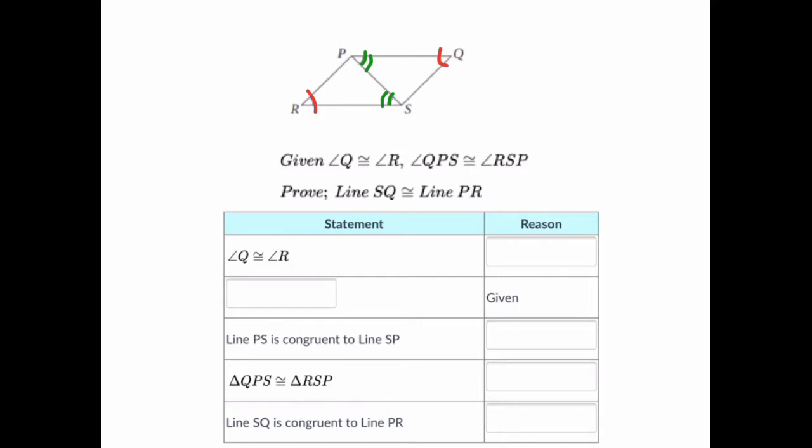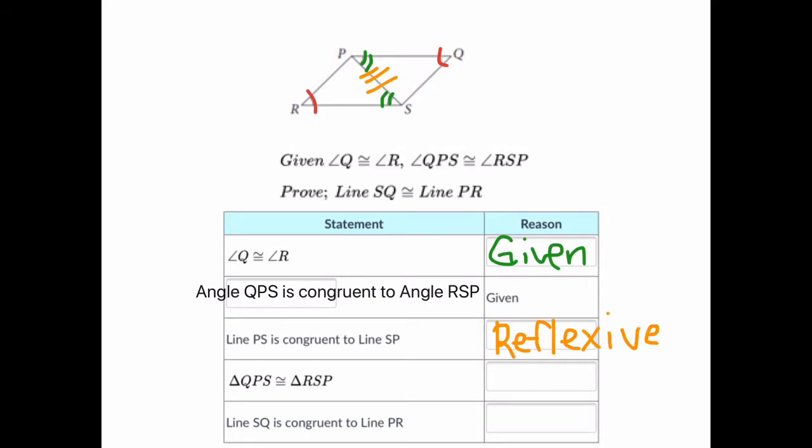So angle Q and angle R are congruent because that's given. And the second part that's given is that angle QPS is congruent to angle RSP. And yes, you do have to write all that out into the box there. So we also know that line PS is congruent to line PS here because it's part of both triangles. And the reason for that is the reflexive property of congruence.